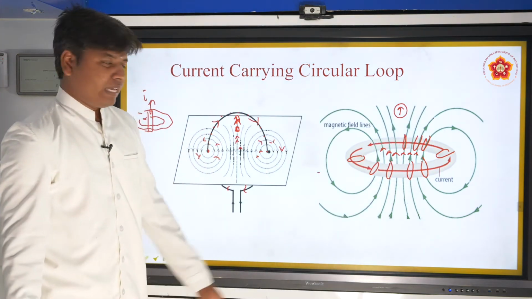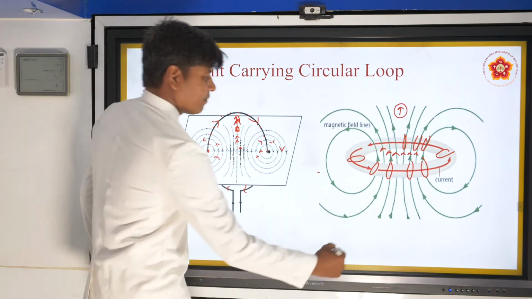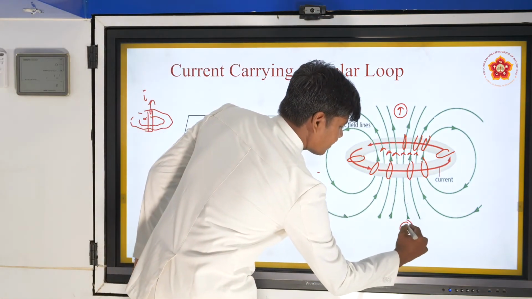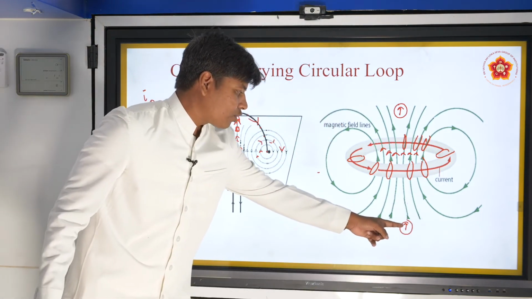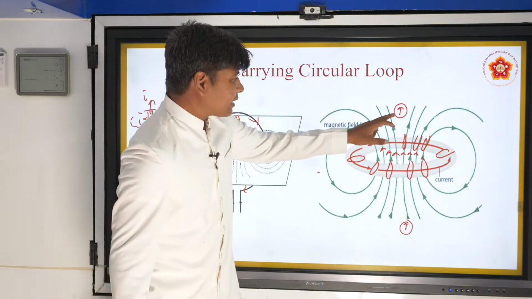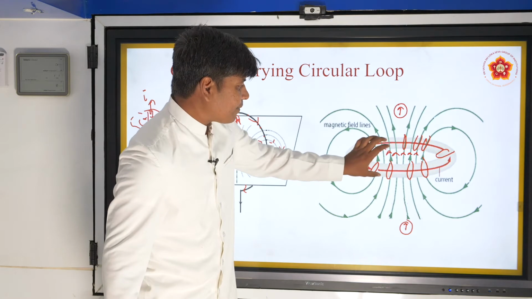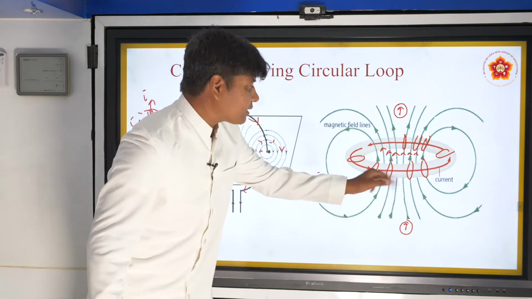Now how will the compass deflect down here? Again the magnetic field direction is upwards, so the north pole will be upwards. That means this compass is deflecting away from this circular coil. Here it is towards the circular coil.